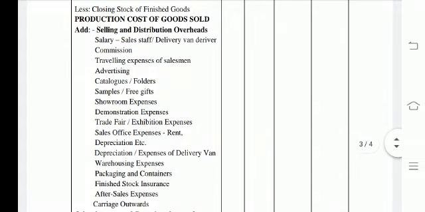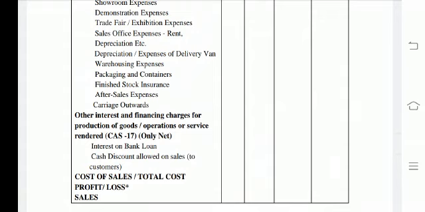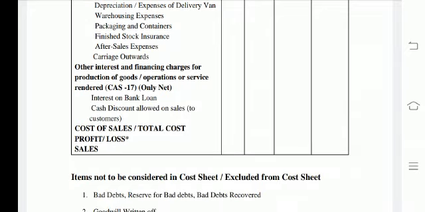They are salary to sales staff, commission, traveling expenses of salesmen, advertising, catalog, free gifts, showroom expenses, demonstration expenses, trade fair, sales office expenses, depreciation of delivery van, warehouse expenses, packaging and containers, finished stock insurance, after sales expenses, carriage outward, other interest and financing charges for production of goods, interest on bank loan, and cash discount allowed on sales.